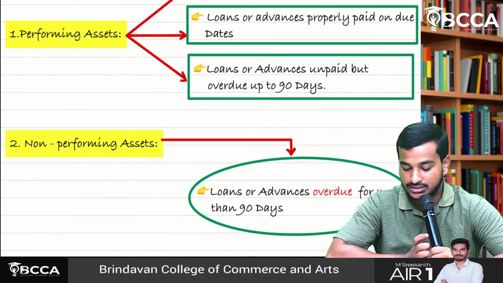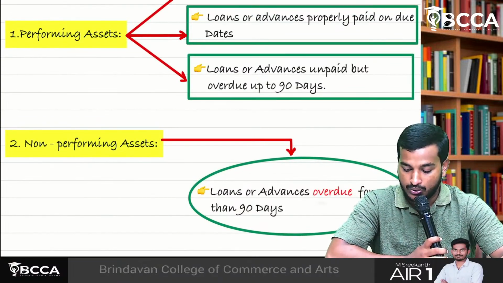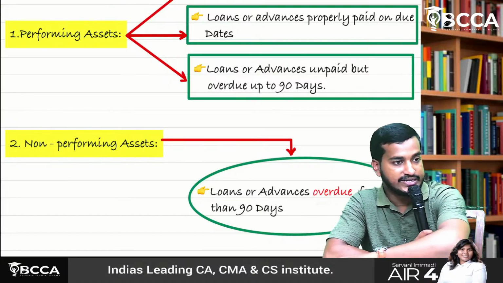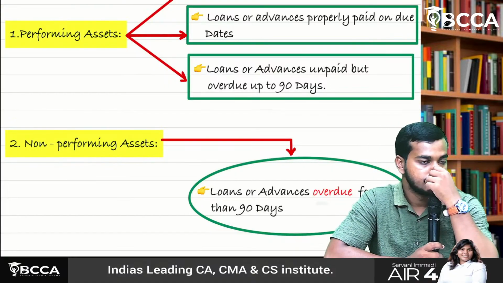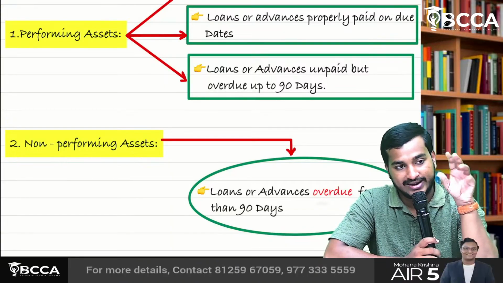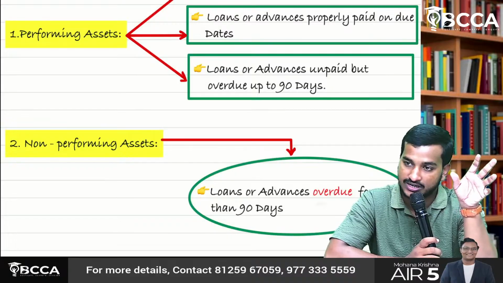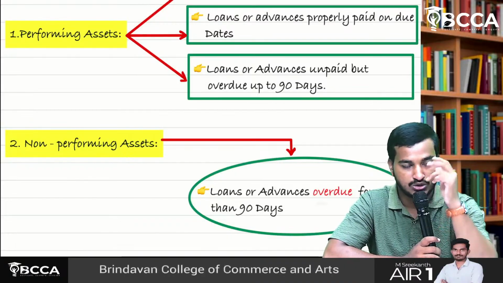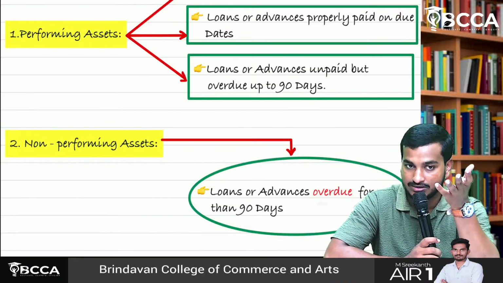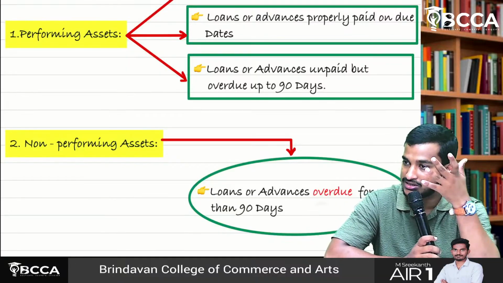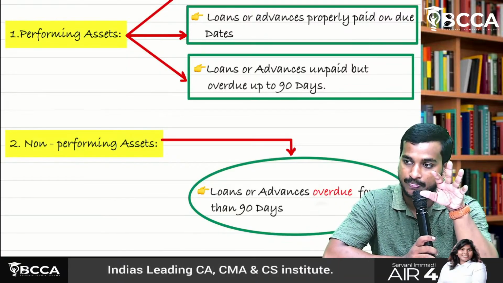NPA means overdue for more than 90 days. On that we have to again classify into three categories: substandard, doubtful, loss. There is no difficulty about loss. That is very easy. There are no dates, all those things. When to call it a loss asset?